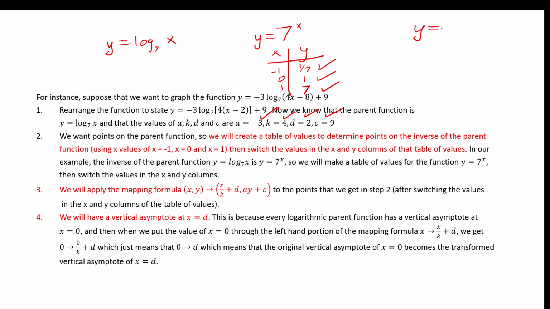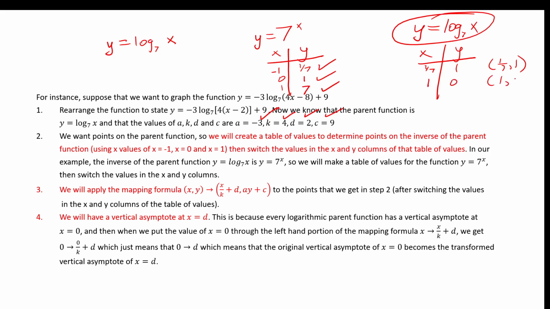Well, what that means then is that points that are actually on y equals log base 7 of x will just have the x and y columns reversed. So we can say that the point (1/7, -1) is on the parent function. We can say that the point (1, 0) is on the parent function.